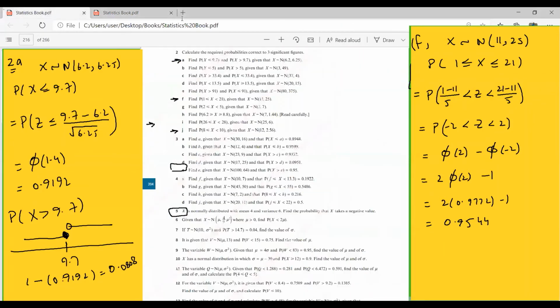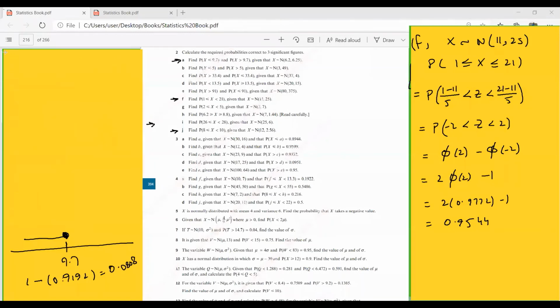Okay, I'll keep on doing these questions. Then I move on to the J part. Okay, in this J part, let me have some space for the J part. Just like this. Okay, 1J.